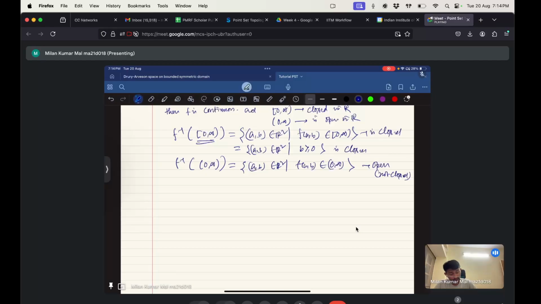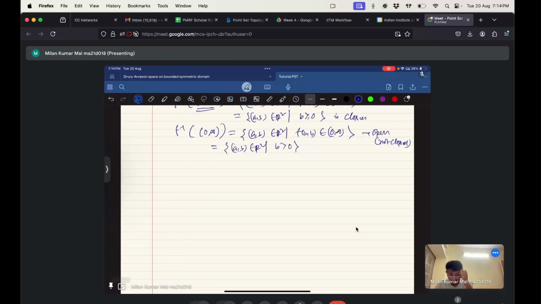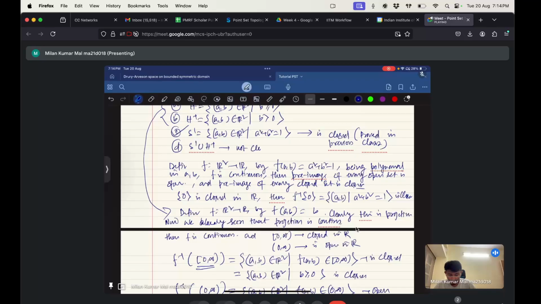I am writing, it equals all those (a, b) in R square such that b is positive. So you can also see this in a different way, and this is not closed. Why is this not closed?